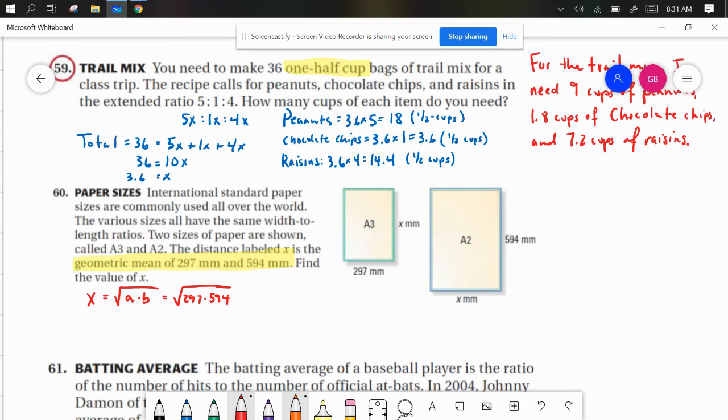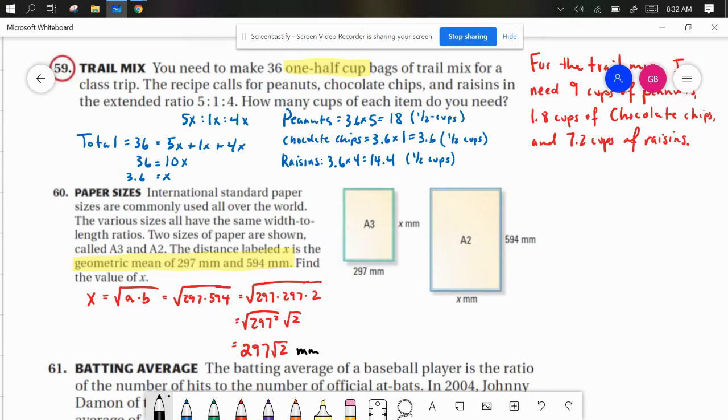So you can use a calculator, or if you could recognize that 594 is actually 2 times 297, you could rewrite this as 297 times 297 times 2, which is the square root of 297 squared times the square root of 2. So it's 297 times the square root of 2 millimeters.